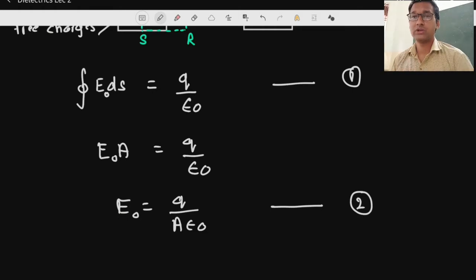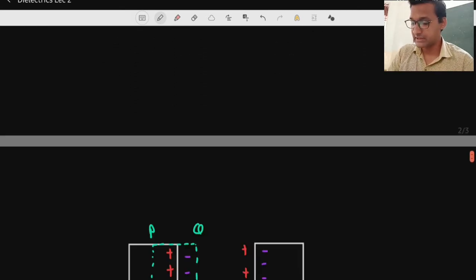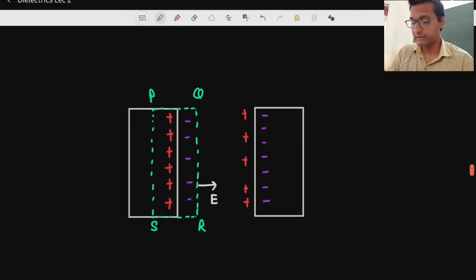Now we are going to see what happens if I introduce or change the medium. Initially free space was there, that means vacuum. This is the equation for electric field as obtained from Gauss law. Now what will happen when I introduce some medium in between them, especially a dielectric medium? Let us see with the help of this diagram. As you may remember, once I introduce a dielectric medium between the plates, it is going to get polarized.